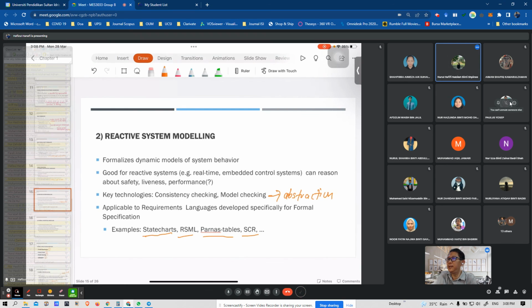Consistency checking means that you need to have consistency. Consistent means you have a pertinent level of checking. For example, you have user requirement checking, and after that you have development or implementation model checking, and this one is more on the abstraction.